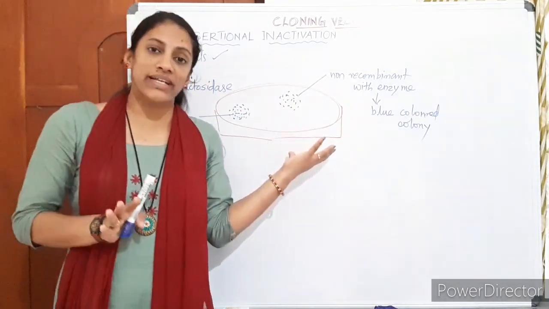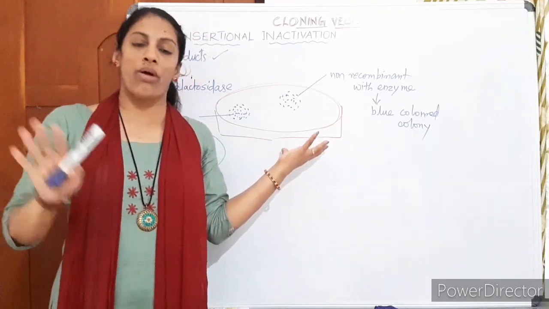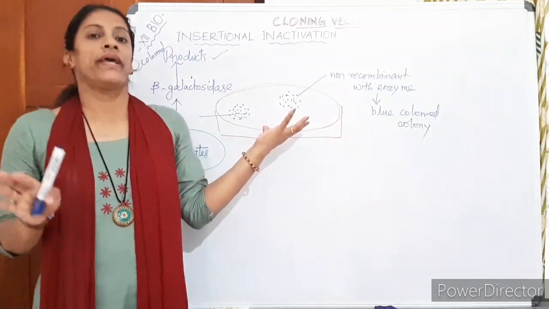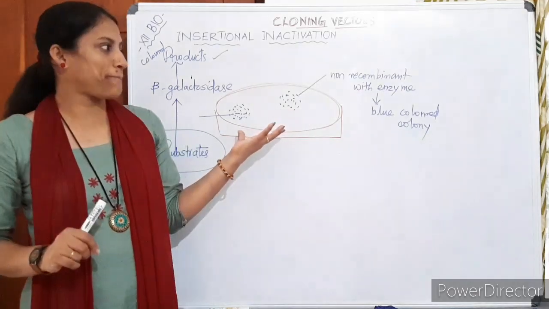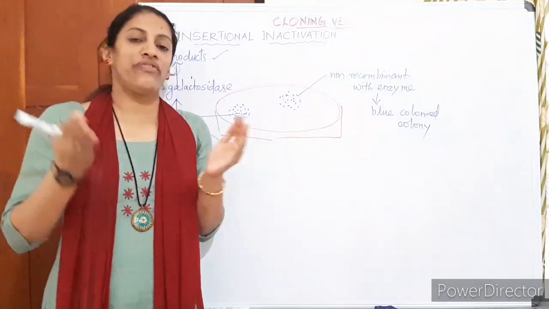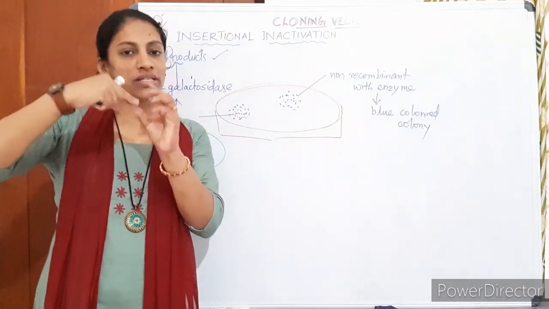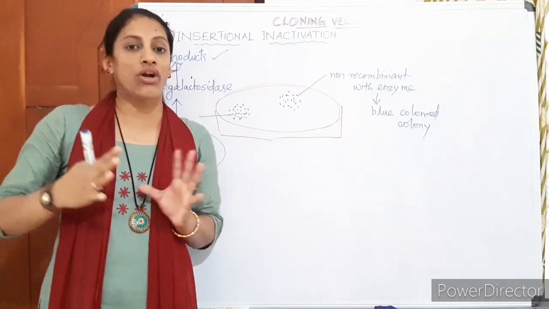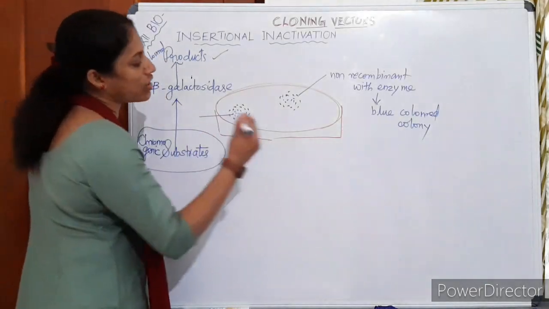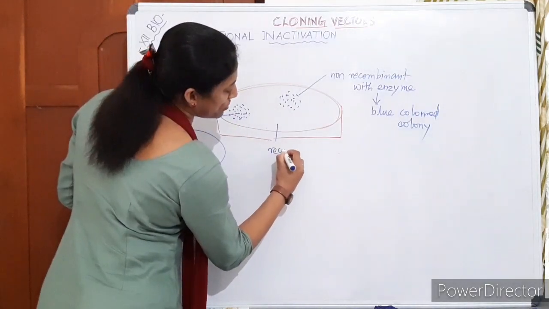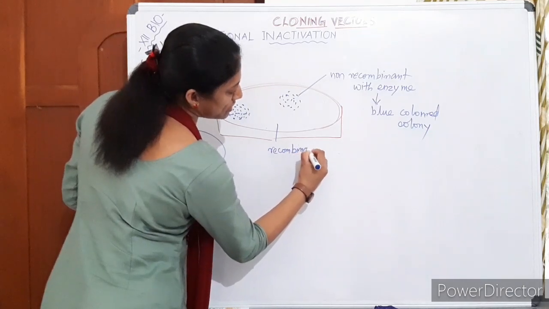If the bacteria contain non-recombinant plasmid, then only it is producing enzyme. That means if the insertion and the action are successful, that recombinant one can never produce enzyme. So all the recombinant ones will produce white colored colonies.